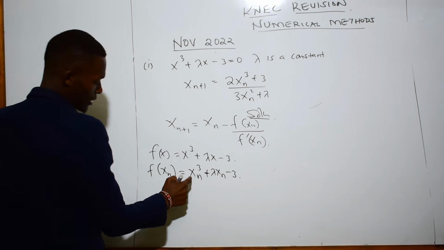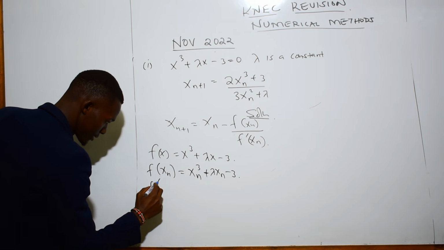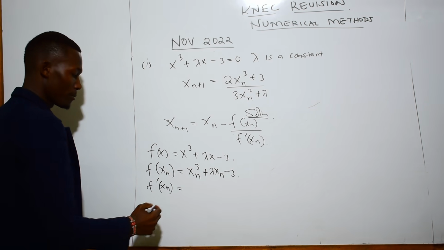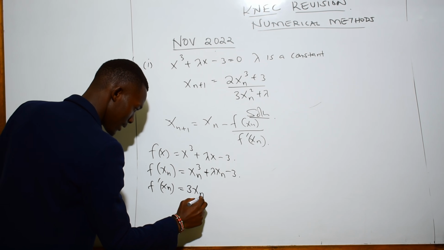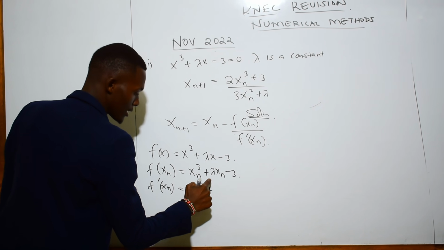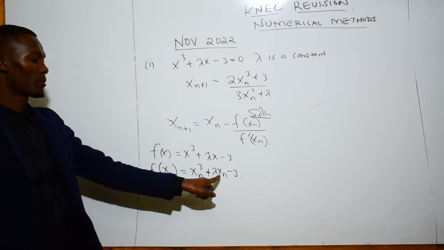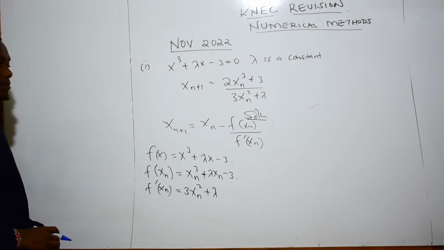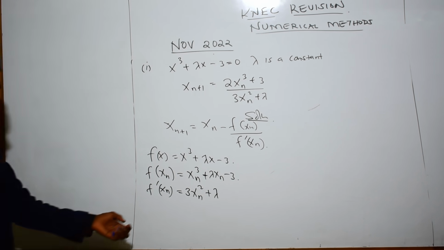Now we can find the first derivative, which is given by, drop the power, reduce the power by 1. So you have 3xn squared plus, now remember this term here will become 1. So we shall just remain with lambda. So that is the first derivative.